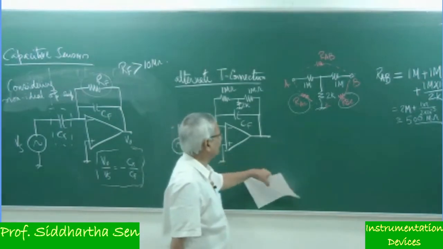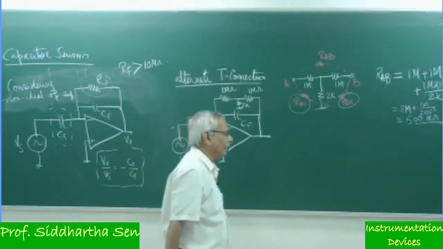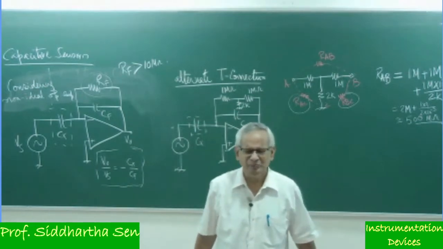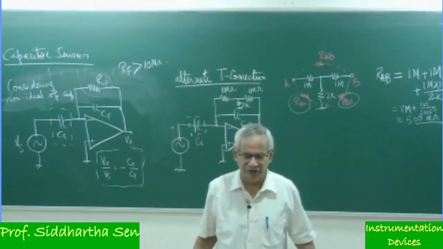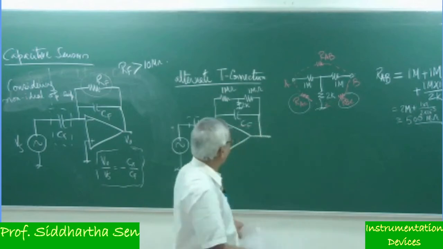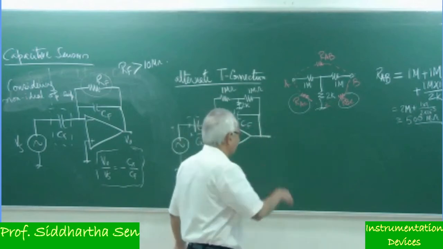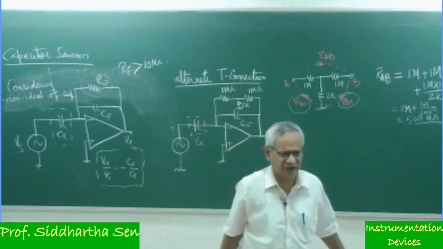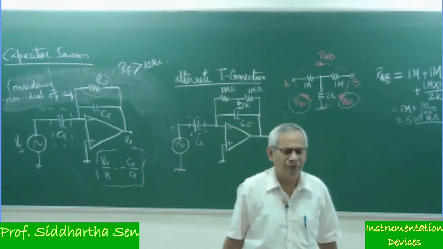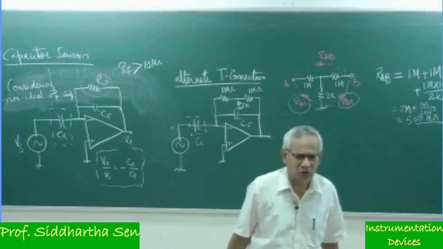Similarly, RBC is coming parallel to the output terminal, so RBC is coming parallel with the output impedance of the op amp, but the output impedance of the op amp, we know it is very small.